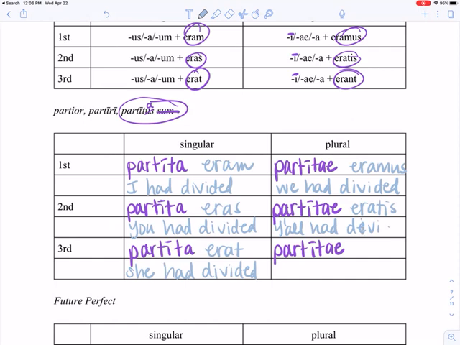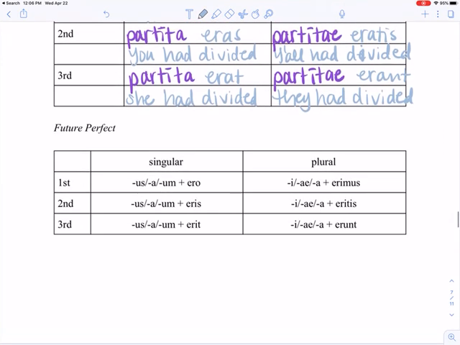I can spell divided. And then third plural is partitae erant. And so this is they had divided. Oh, I did it again. Let's just fix that. They had divided.